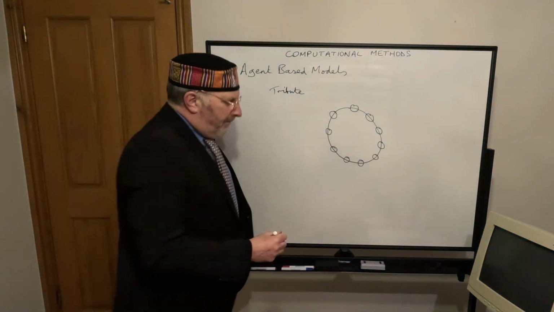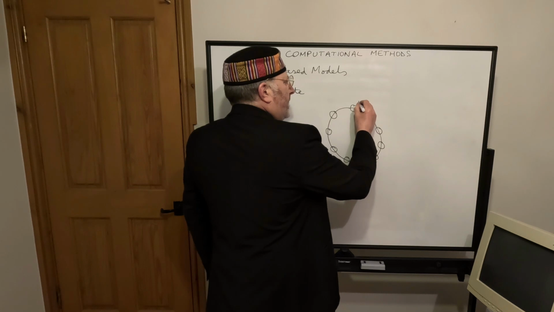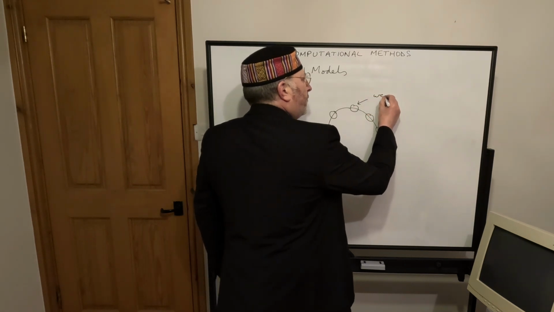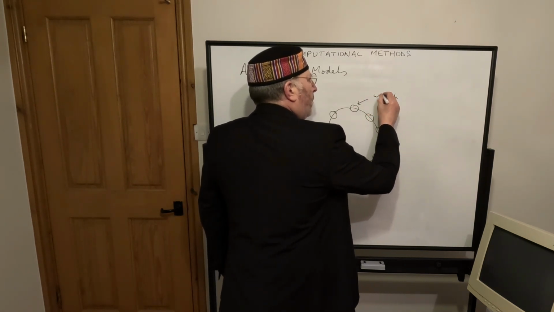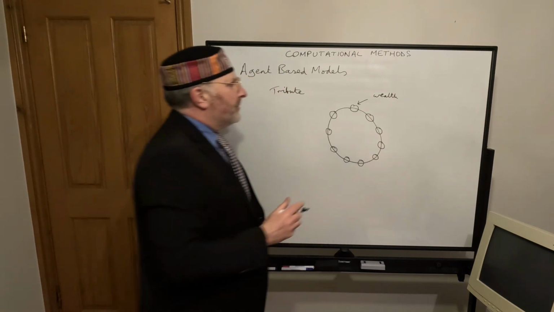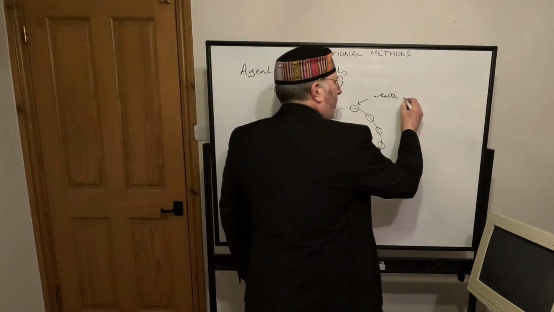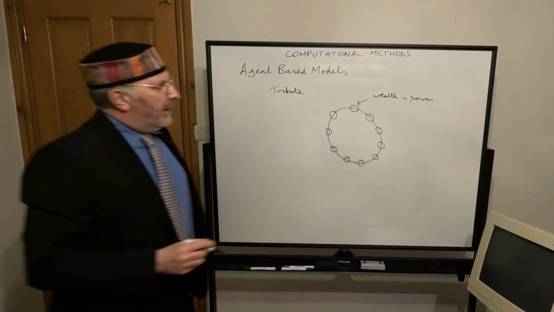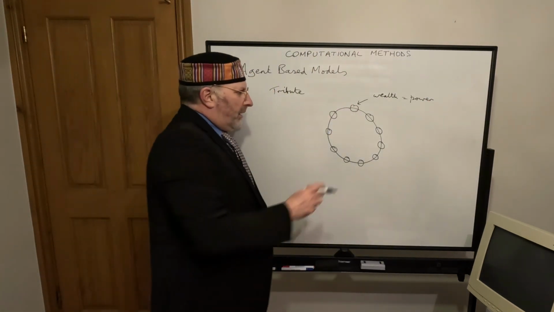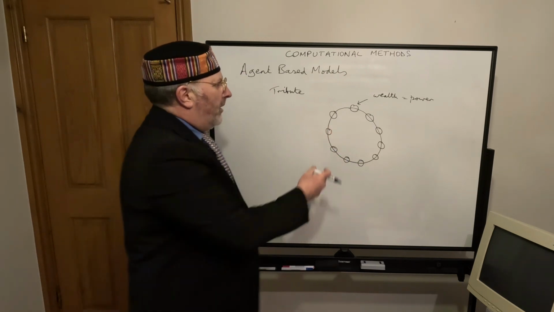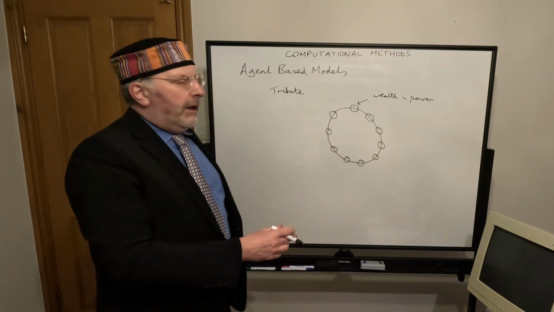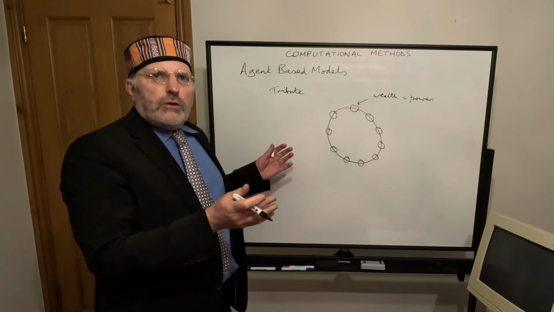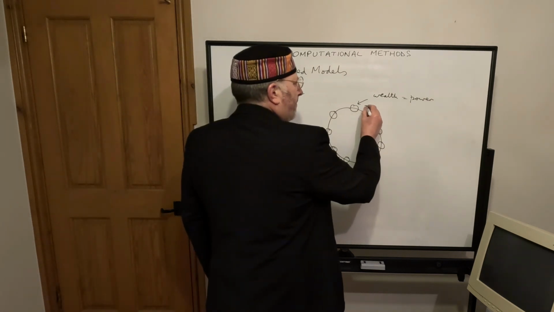There are 10 of them, and each society has a certain amount of wealth, which equals power. At each go, 3 societies are chosen and they have the option to attack a neighbour.